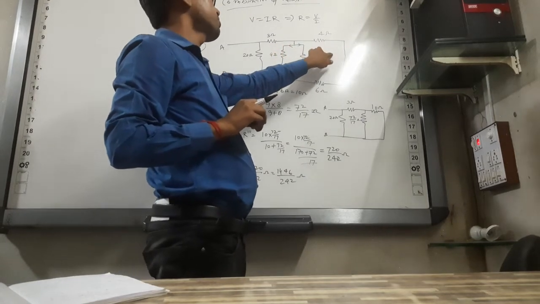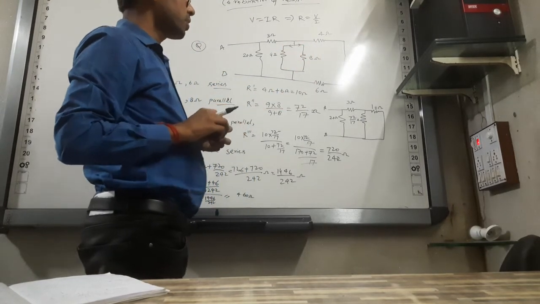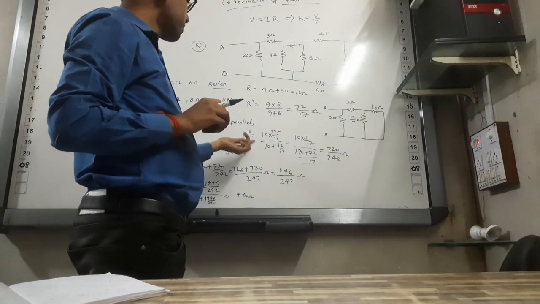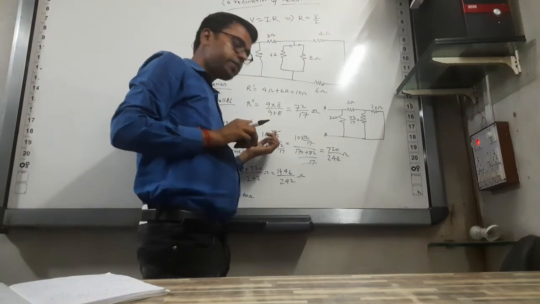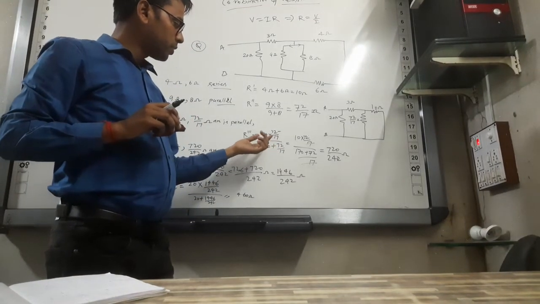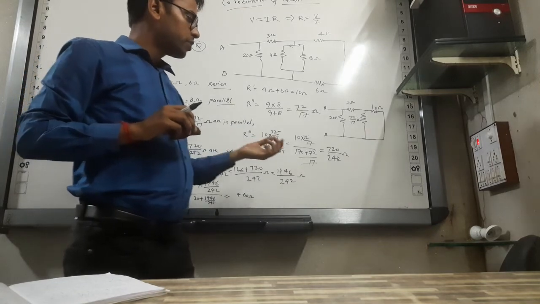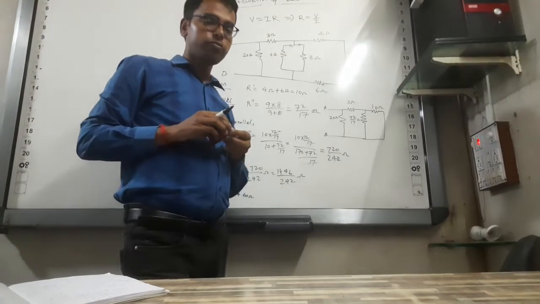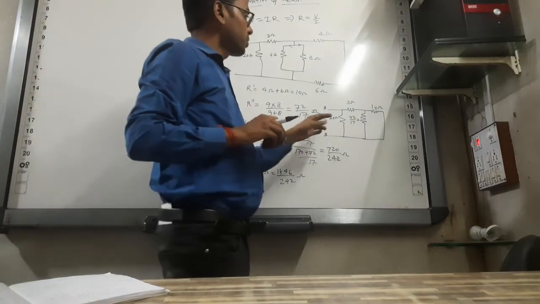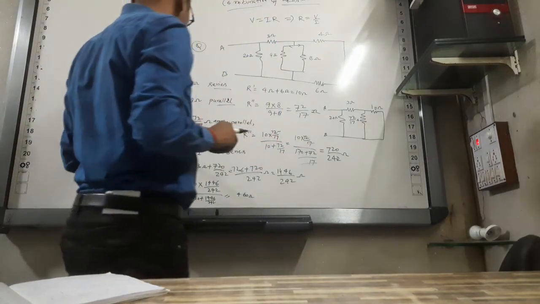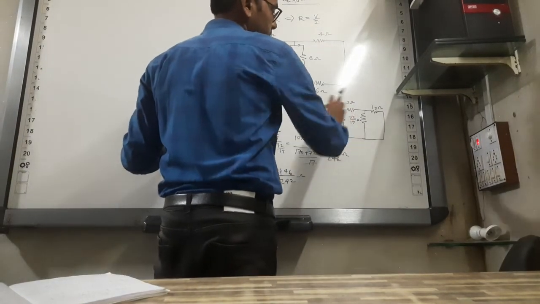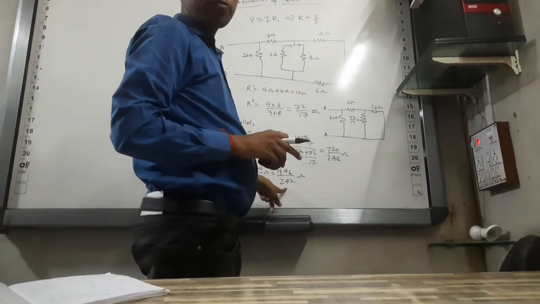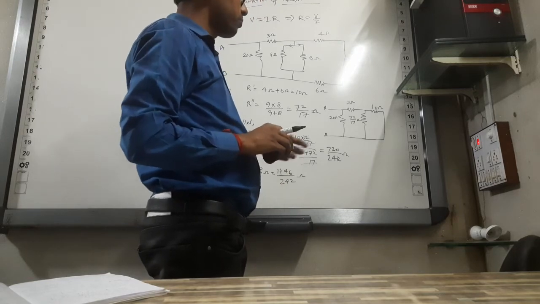Then 10 ohm and 72 by 17 ohm, these two are in parallel, so R triple dash is 10 into 72 by 17 divided by 10 plus 72 by 17 ohm. Then the equivalent resistance comes out to be 720 upon 242 ohm. Now in the third case, 3 ohm and this one are in series combination, so we summed these values and this comes out to be 1446 upon 242 ohm.